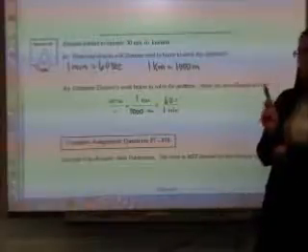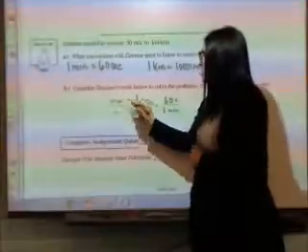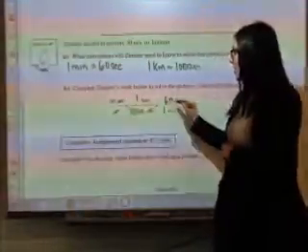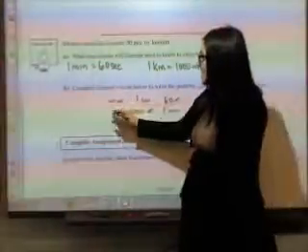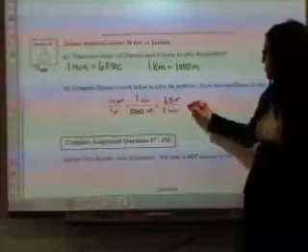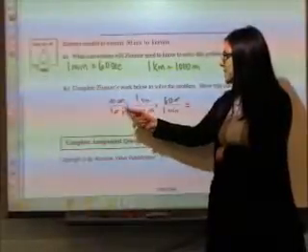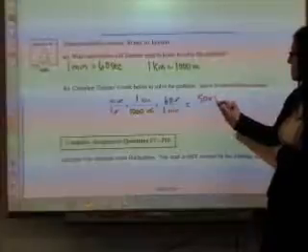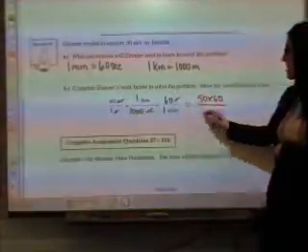And if I look at my units that I can cancel, meters on the top canceled with the meters on the bottom. Seconds on the bottom canceled out with seconds on the top. This is 50 meters per 1 second, if I wanted to put a unit there. If I start multiplying this out, I've got 50 times 1 times 60 over 1 times 1,000 times 1.